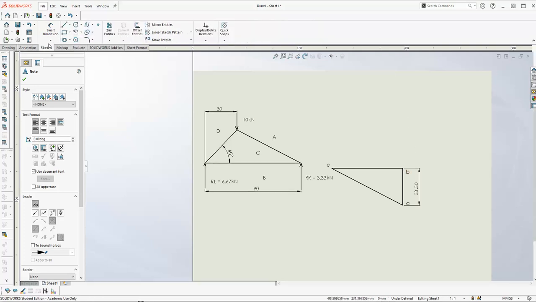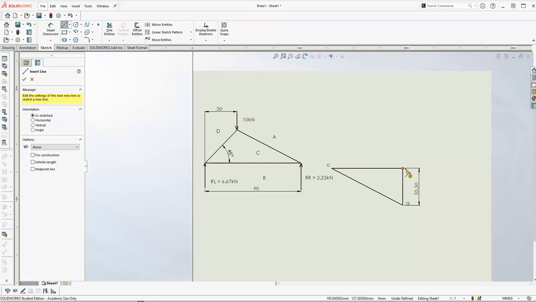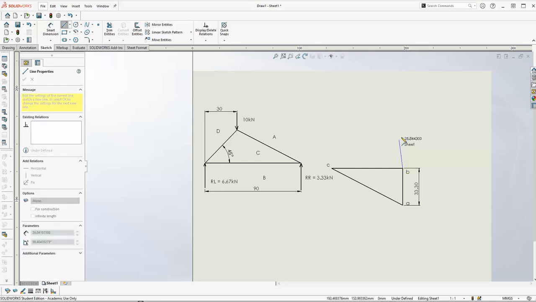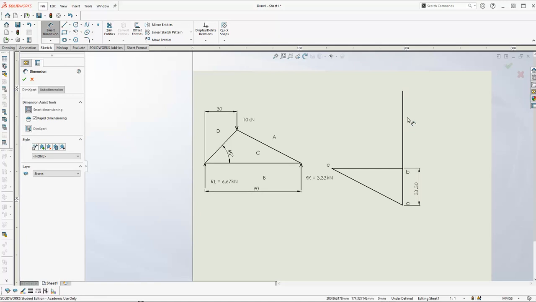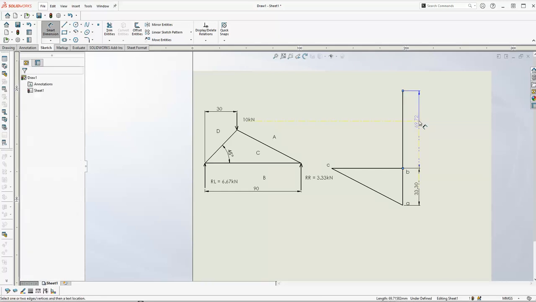So I'm going to get my sketch tool going again. I can draw a vertical line, and that represents this other support reaction, and it's 6.67 kilonewtons. So I'll dimension that one to the same scale.